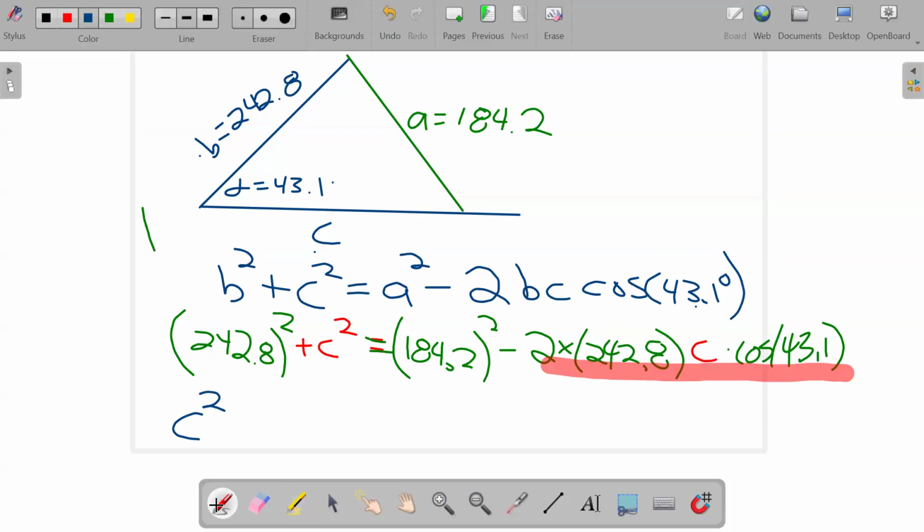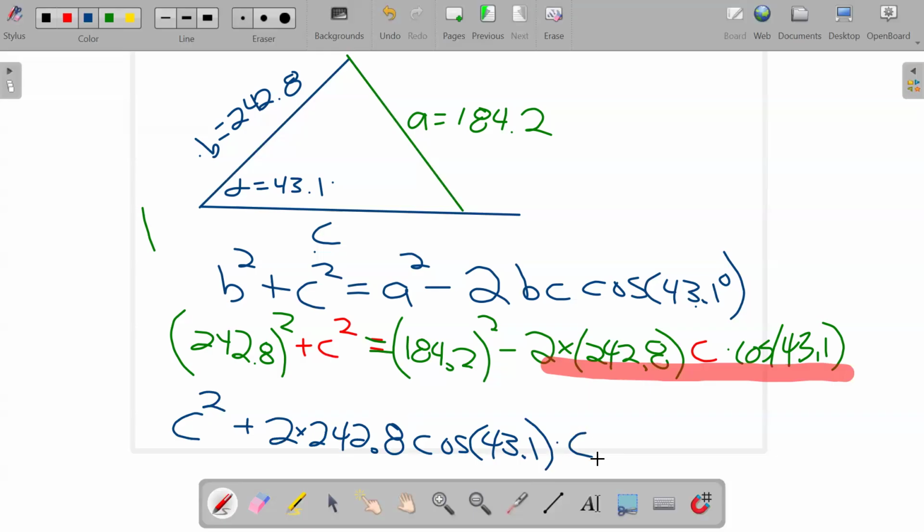So I'm going to say that I have plus, and I'm just going to call it for now 2 times 242.8. I'm going to pull the cosine next to it, cosine of 43.1. And then that's times C.